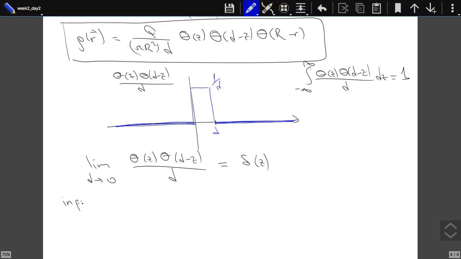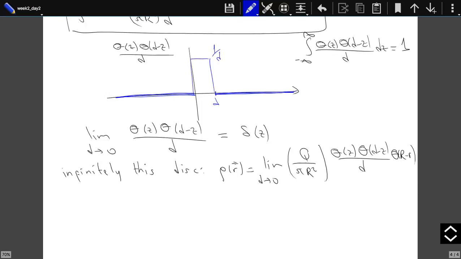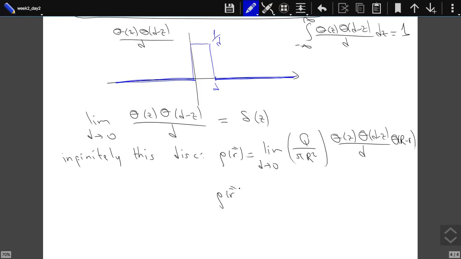So for an infinitely thin disk, rho of r will be the limit as d goes to 0 of q over pi r squared times theta of z, theta of d minus z divided by d times theta of r minus r. So this becomes q over pi r squared times Dirac delta of z, theta of r minus r.